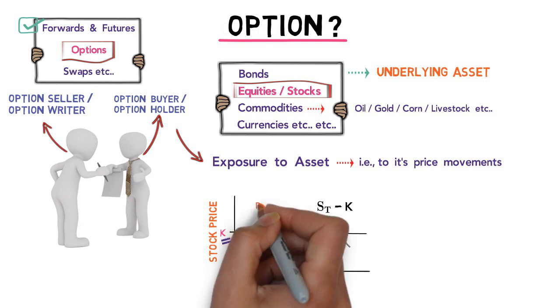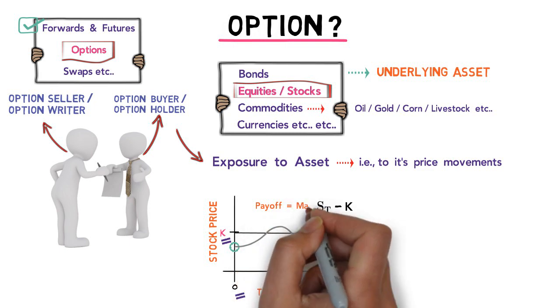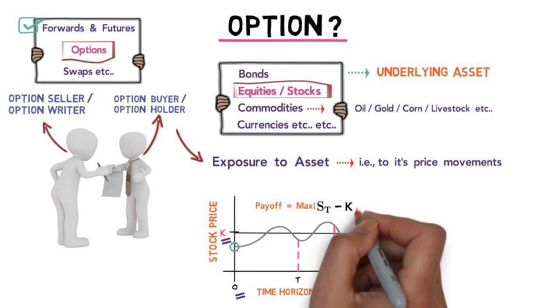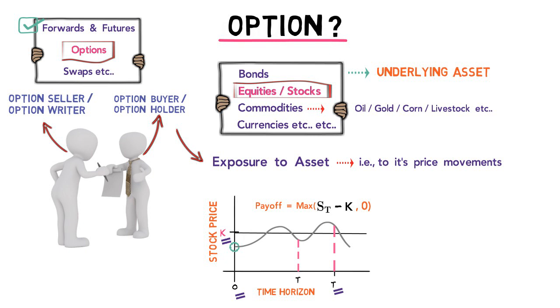In effect, you can say the payoff at maturity of a European call option is maximum of ST minus K, 0, okay, where T denotes the option maturity time. Because what's happening here is if ST is less than K, the option expires worthless, so the payoff is 0. And if ST is greater than K, you have made a profit or savings of ST minus K from the option. So you can just say the payoff from the option is maximum of ST minus K and 0.